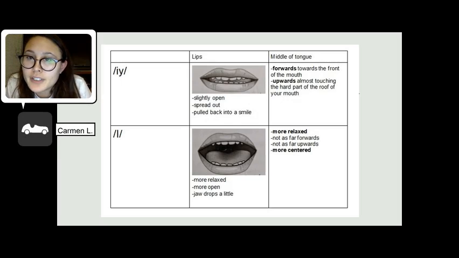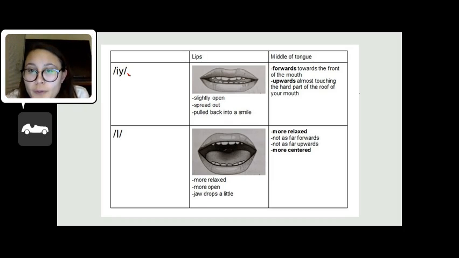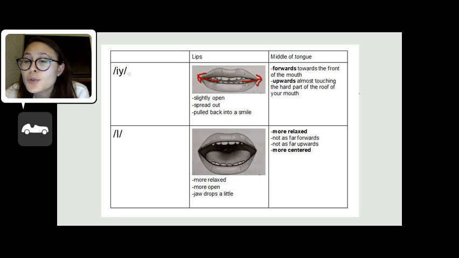Now that we have learned about the lip and tongue position for these sounds, I want to practice these sounds again. So for the E sound, we know that our lips are slightly open, they are spread out into a smile.